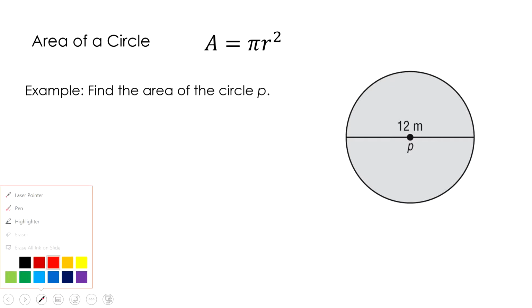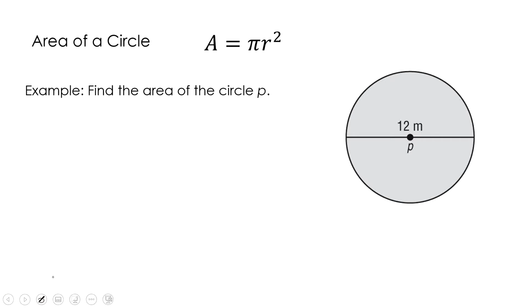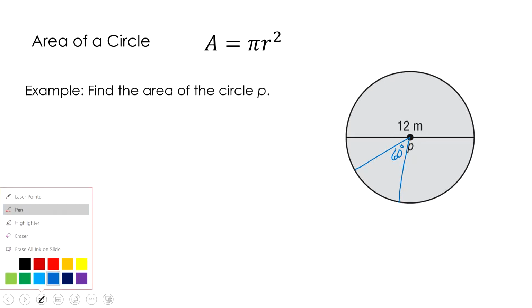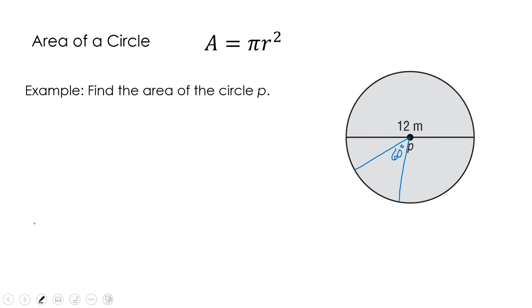So if I draw in a central angle here, we'll call it central angle is 60 degrees. And now I want the area of my shaded side, which I'll shade in yellow here. I apologize for not having that slide.